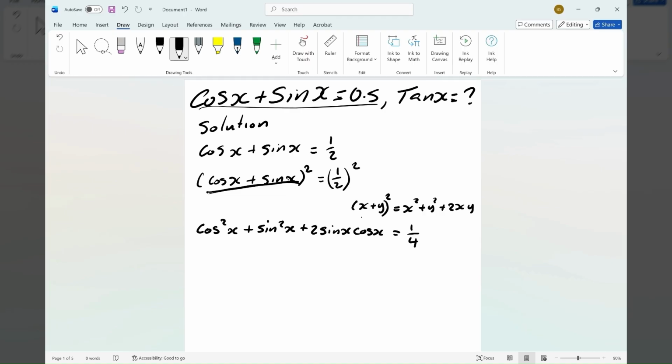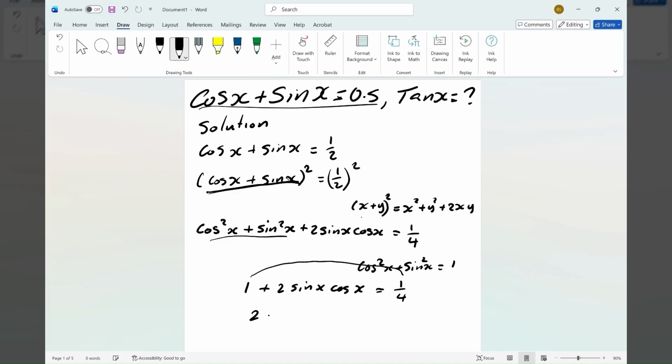Knowing that cos squared x plus sin squared x is equal to 1, and applying it here, we get 1 plus 2 sin x cos x is equal to 1 upon 4. Now let's take this 1 and move it to that side.